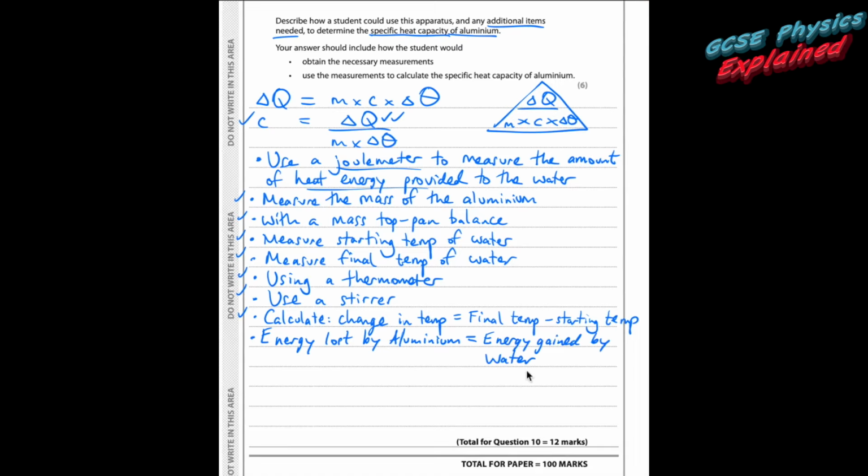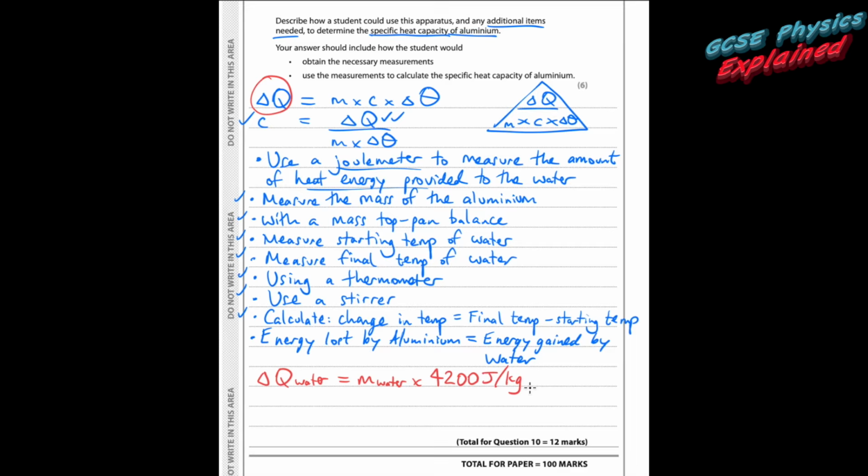Right, okay, so I can see how we can actually work out that even though they've used a Bunsen burner. We can work out the heat energy gained by the water if we measure the mass of the water. We have to assume, they let us know, that the specific heat capacity of water is always the same.